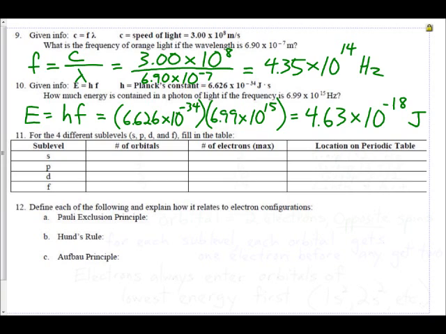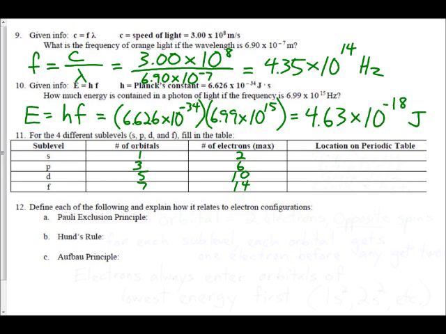So for the number of electrons, you can always fall back on your periodic table. S has 2 in its row, P has 6, D has 10, and F has 14. If each orbital can only hold 2, that means S only has 1 orbital, P has 3, D has 5, and F has 7.